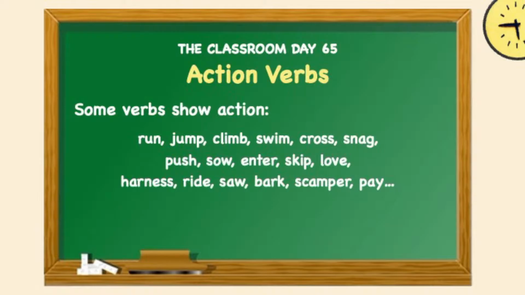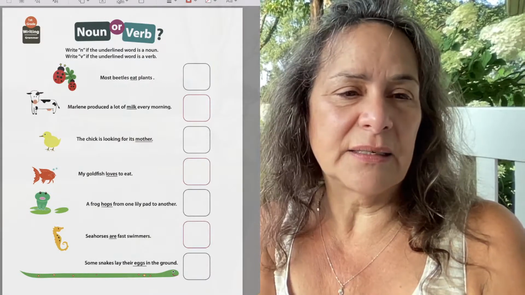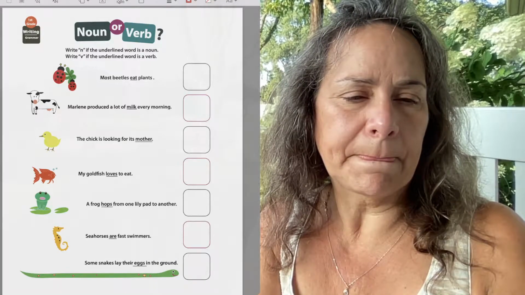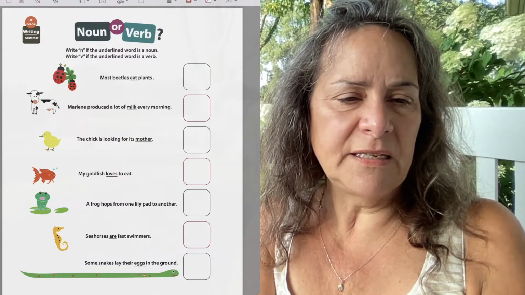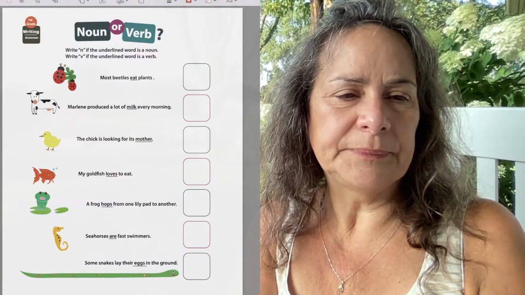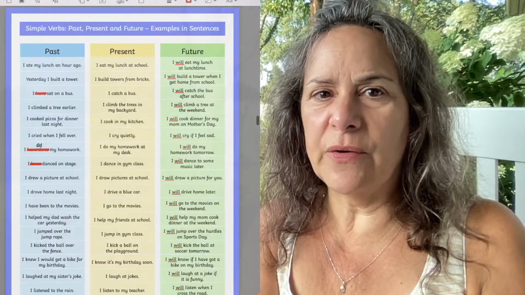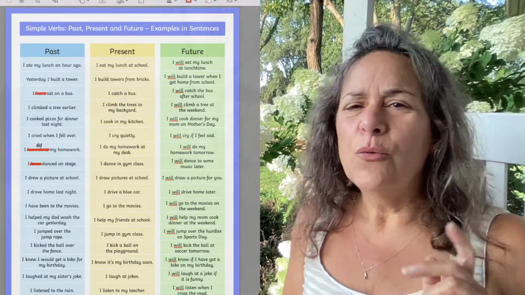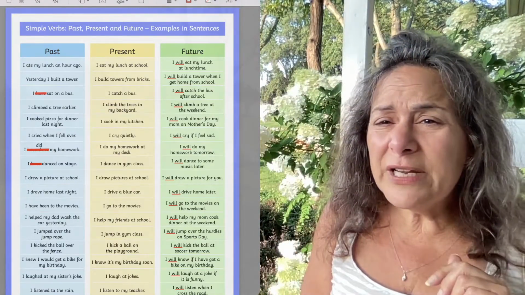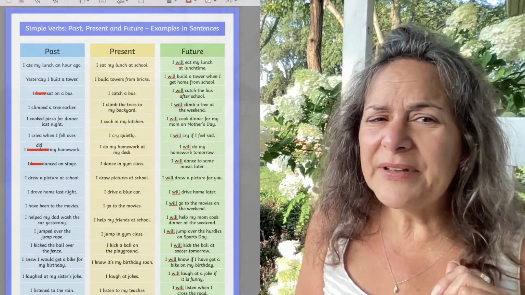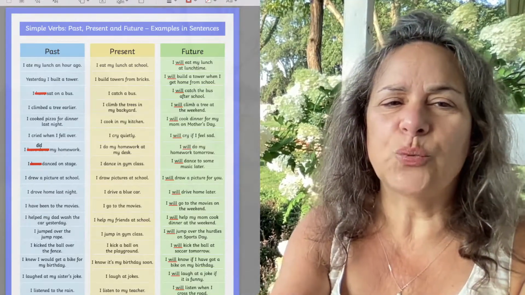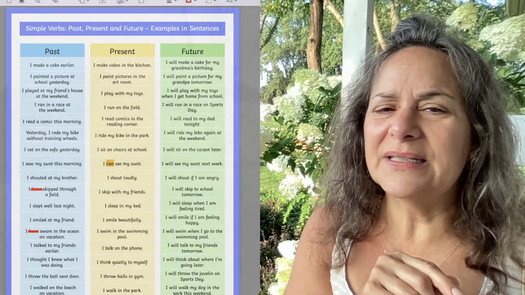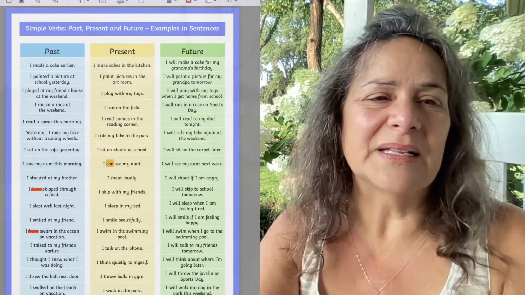In fact, we're just going to take a quick peek at that for you, to give you an idea that we are going to be talking about these things. So we have got past tense, present tense, and future tense. And we have examples there of each one of those.